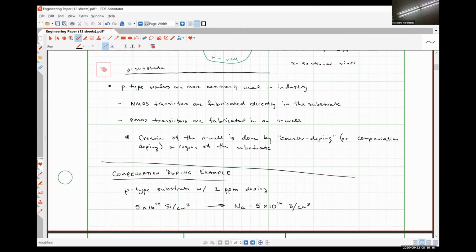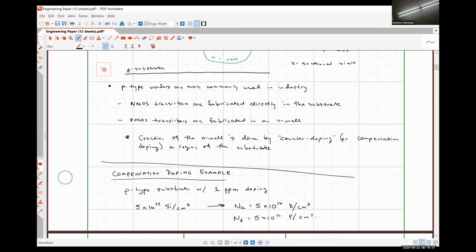In order to create an N well in a particular region, we would need to put in, let's say, 5 times 10 to the 16 phosphorus atoms per cubic centimeter to make that region electrically neutral.